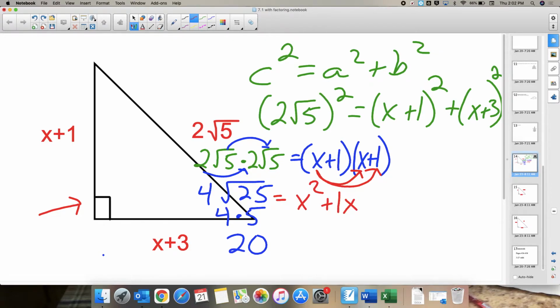That is the F and the O, the first and the outers. The I and the L, the inners and the last, completes that acronym. First, outer, inner, last. To do the other part, we take our 1, and we do it times the x and times the 1. So we get another 1x and another 1.